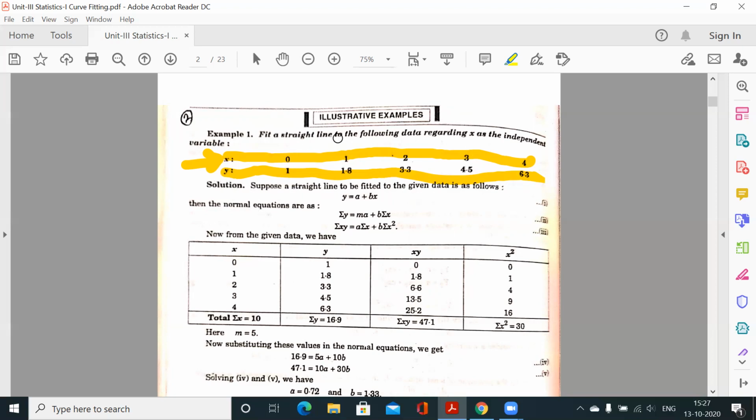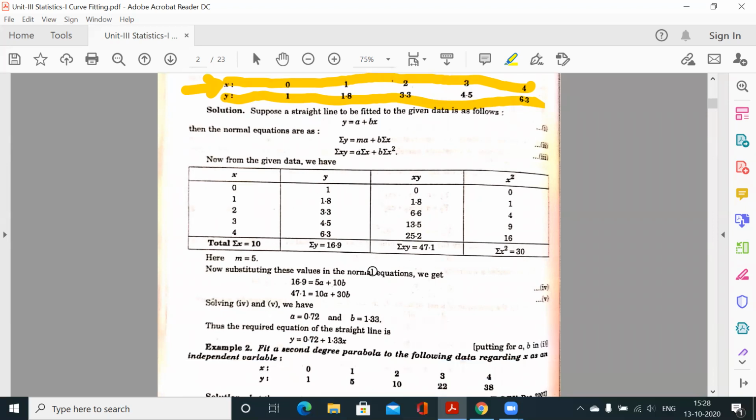By observing these values we cannot guess what the function of x is. So for these types of problems we have to fit a curve or function. We have to get one approximate function; we cannot predict the exact function using these values, but in this topic we are predicting one function that will give us these values. For 0 it will give us 1, for 1 it will give us 1.8. After some steps, some process, we get the function y is equal to 0.72 plus 1.33x.